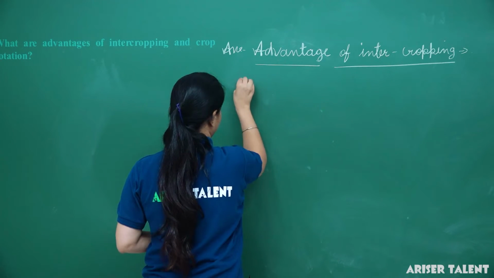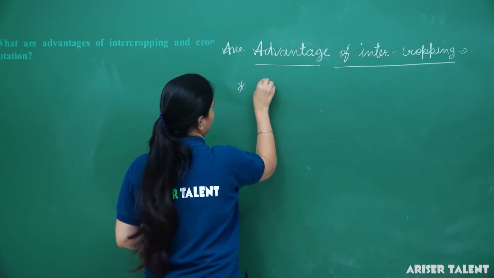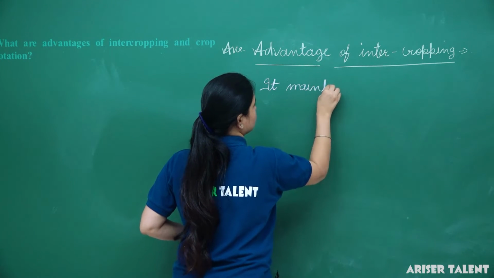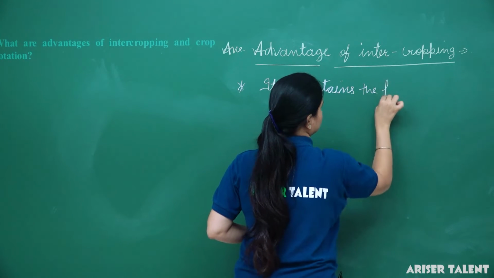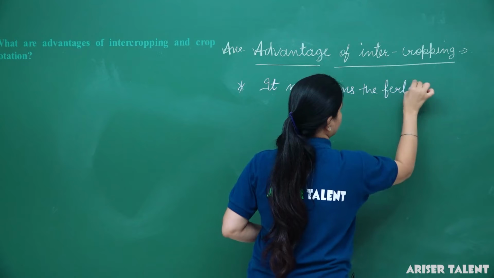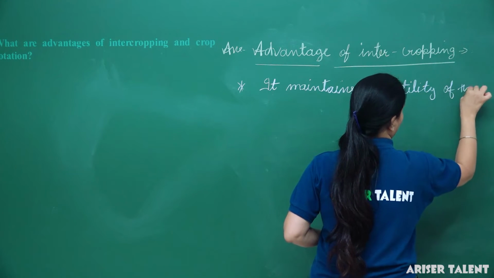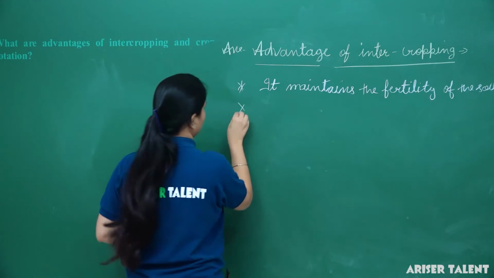First of all, it maintains the fertility of the soil. It means intercropping maintains the fertility of the soil. Besides it, what do they do?